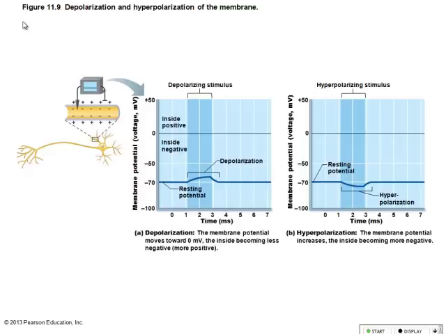So when we talk about a nerve impulse, we talk about something called an action potential. This is where I change the charge enough to actually spread it down the axons and cause changes at the end of the axons.